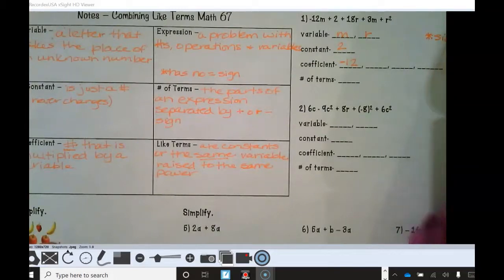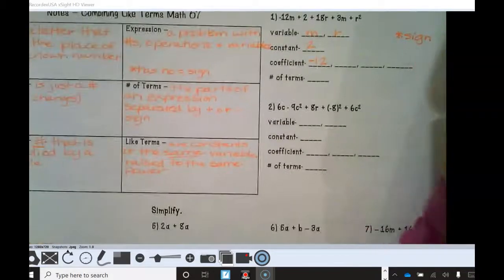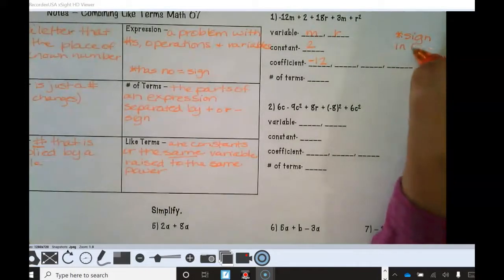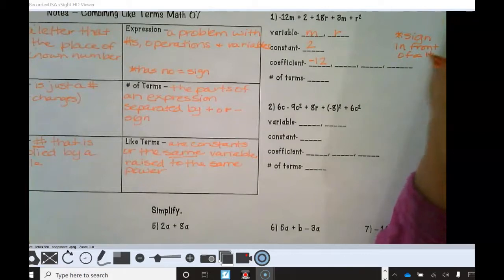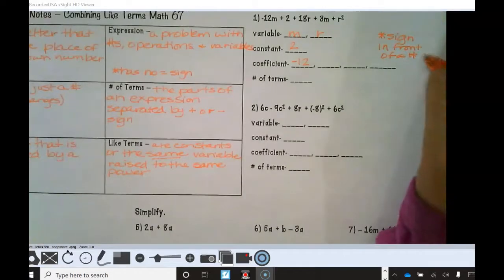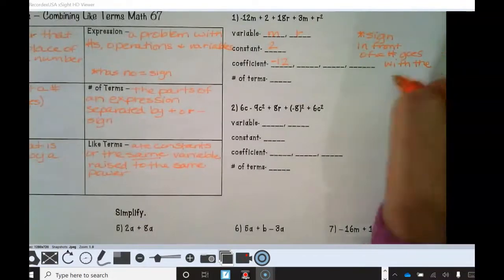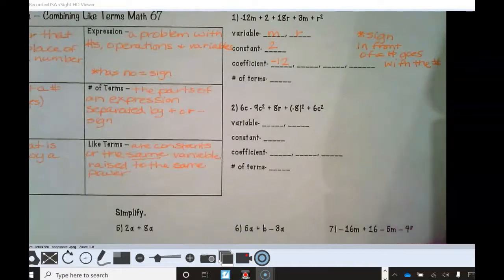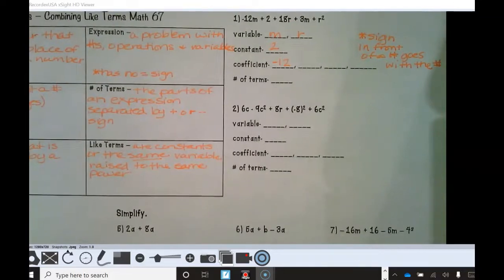The sign in front of a number goes with the number, just like when we first learned about integers.